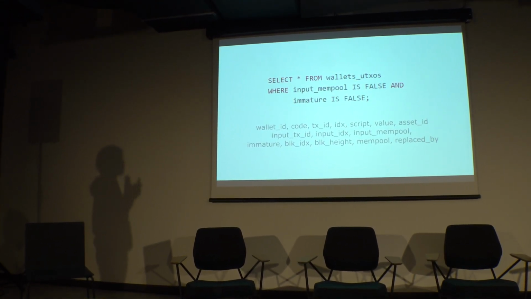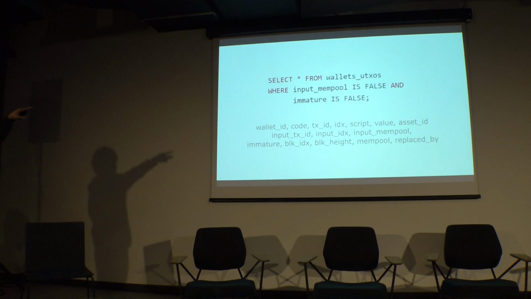So here is an example of a request you can do, a very useful request. Imagine that you want all the UTXOs of a certain wallet. I forgot to filter on a specific wallet ID. But basically, this will filter all the UTXOs of the wallet that are not currently spent.